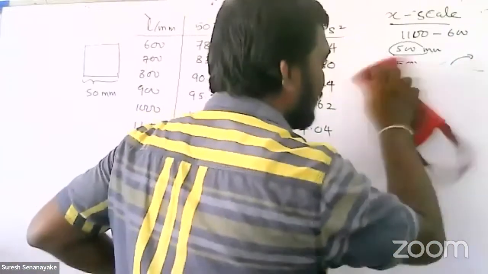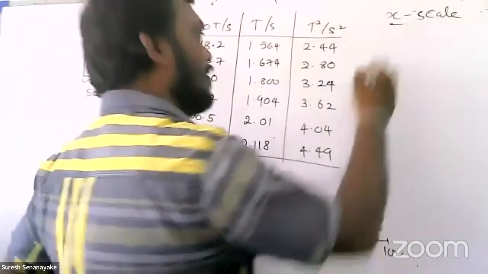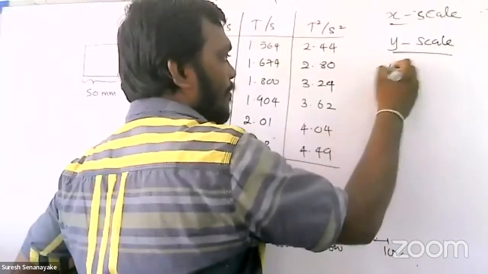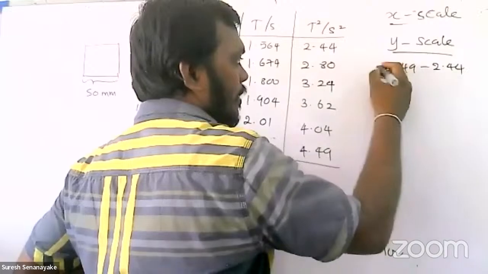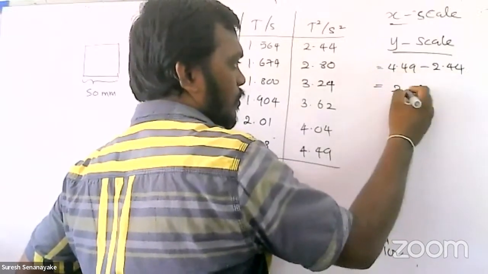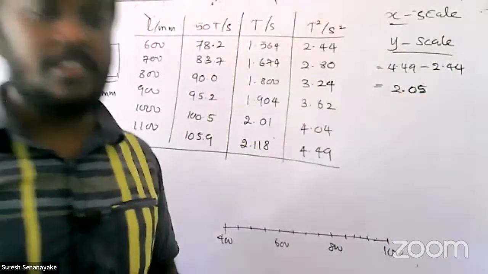There is the x-axis. Now y is y. Same thing you need to do for the y scale. Then the maximum area is 4.49, the minimum is 2.44. Then the difference is 2.05, right? There are 26 squares there.